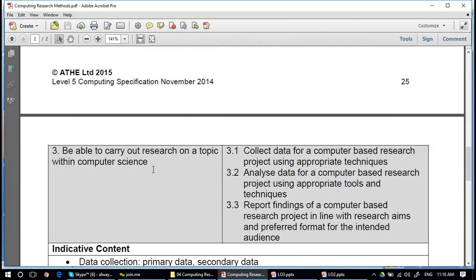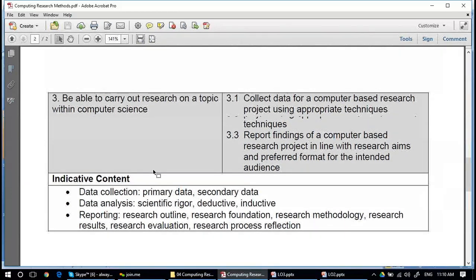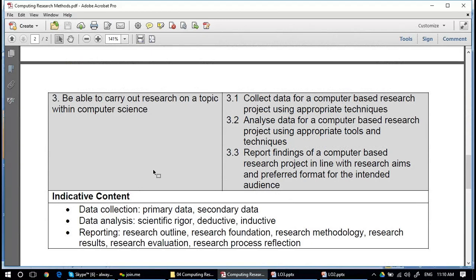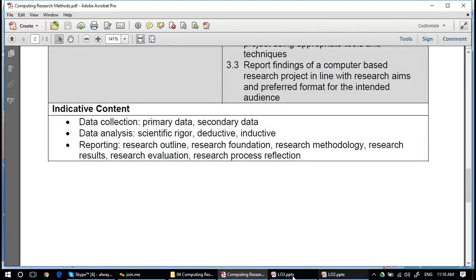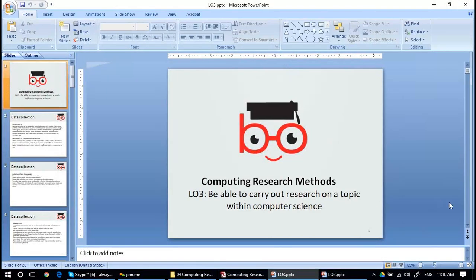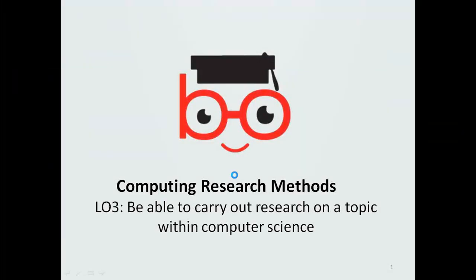Now we are preparing to carry out research on our own topic. So today we will discuss data collection techniques, types of data and data analysis, and reporting, and within reporting we should be able to write up a report of the research.